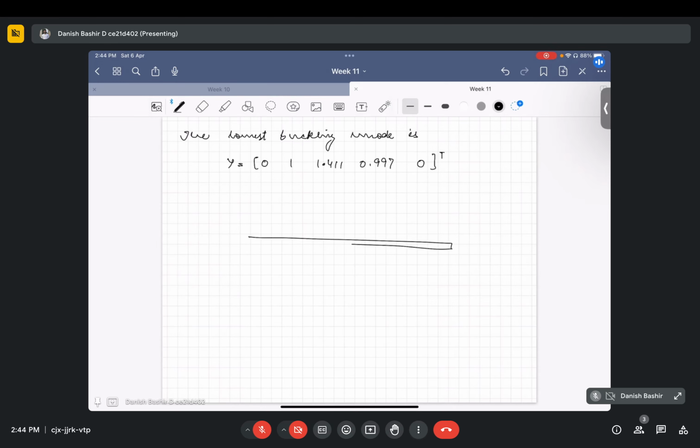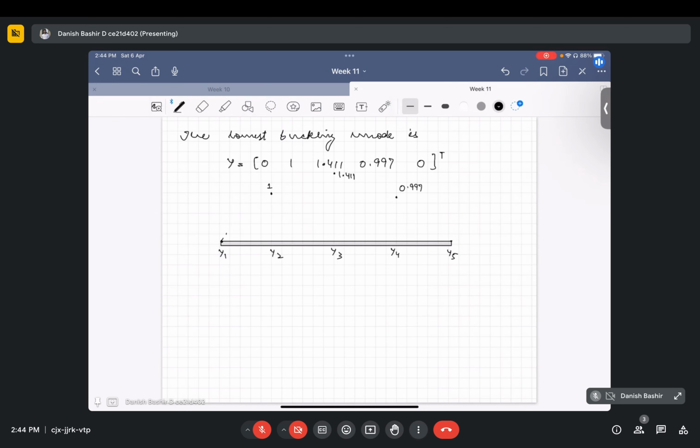So for example, if this is the column, so y is equal to 0 here, and y is equal to 1 here. So this is y1, this is y2, this is y3, this is y4, this is y5. So y2 is equal to 1 here, y3 is 1.411, y4 is 0.997, and this is 0.